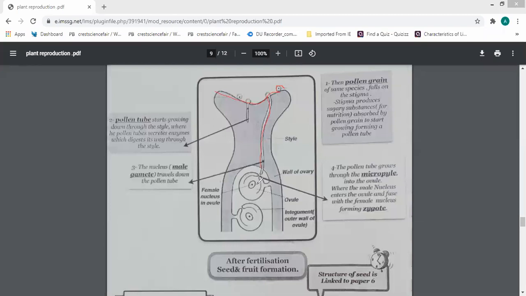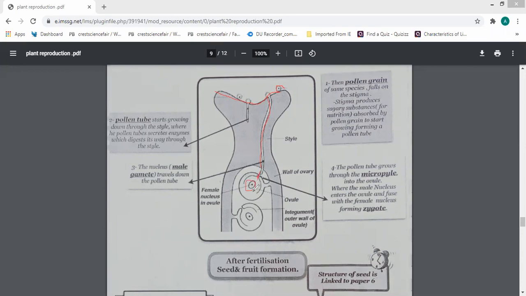And then the nucleus of the male travels from the pollen grains to the ovary through the pollen tube, entering through the micropyle inside the ovule of the female organ, the female sex cell.